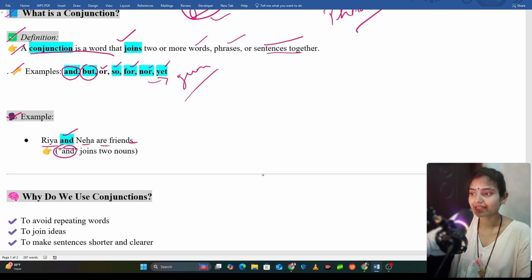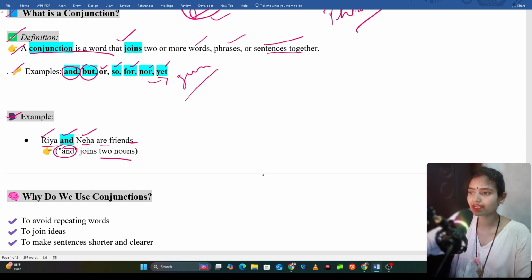What is it joining? It is joining two nouns, Ria and Neha. They are friends. So this conjunction 'and' is helping to join these two nouns to make a complete sentence.